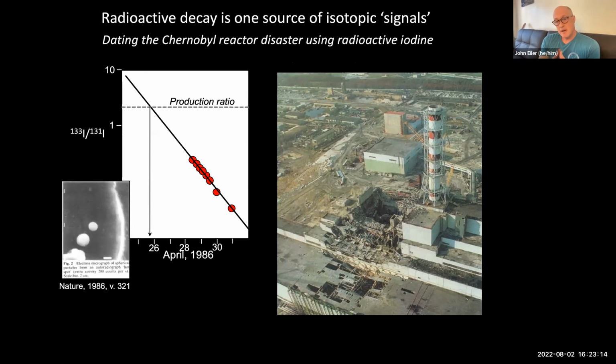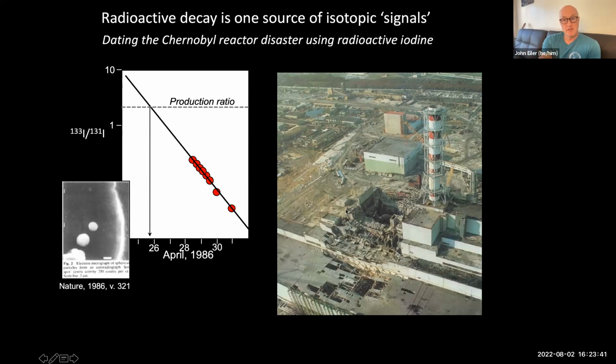So here's an example from recent history where radioactive decay of isotopes is the key piece of information that we need. The Chernobyl reactor in the Ukraine underwent a runaway reaction, a meltdown, in 1986. In the weeks after this occurred, there was very little direct, clear information coming out about exactly what had occurred.